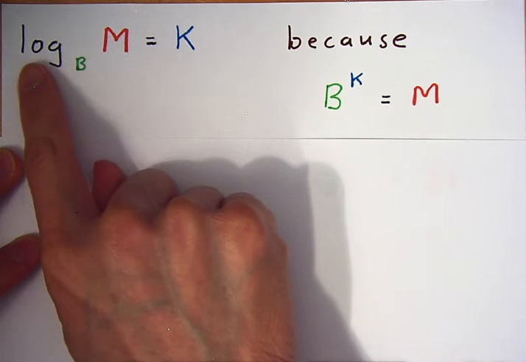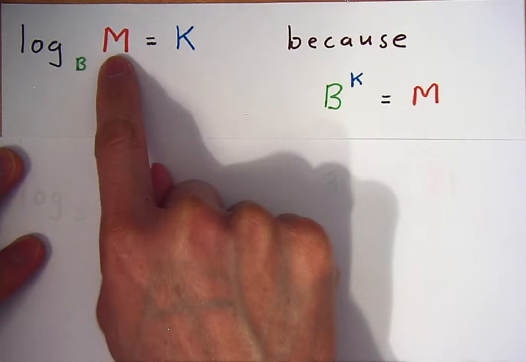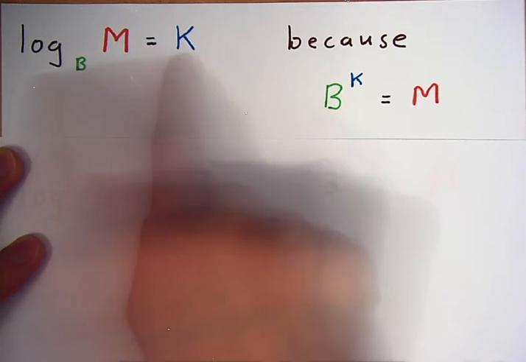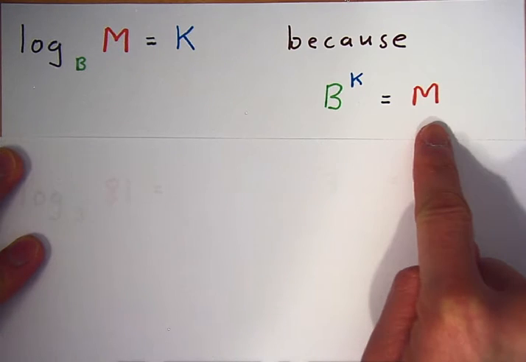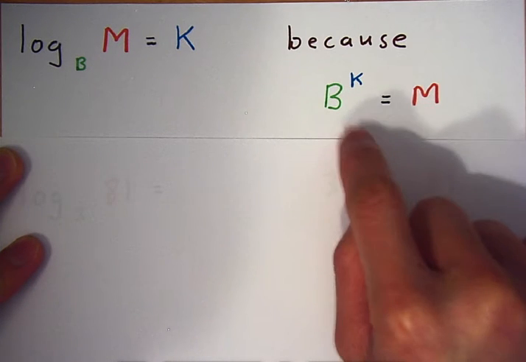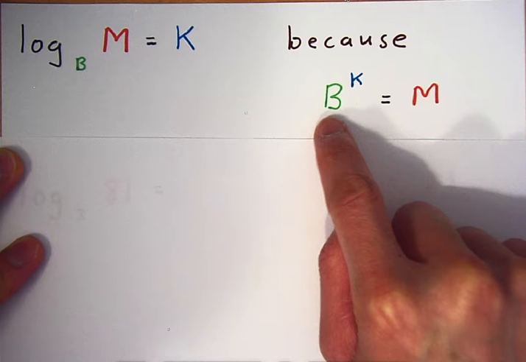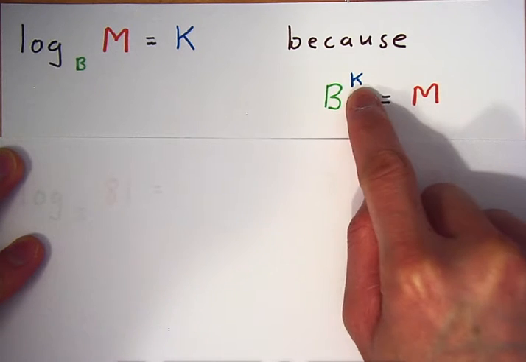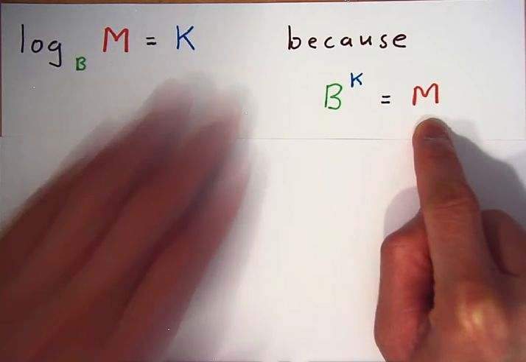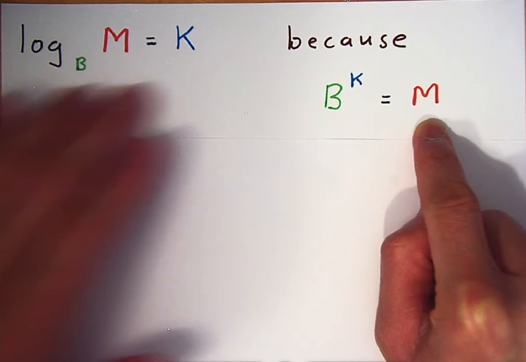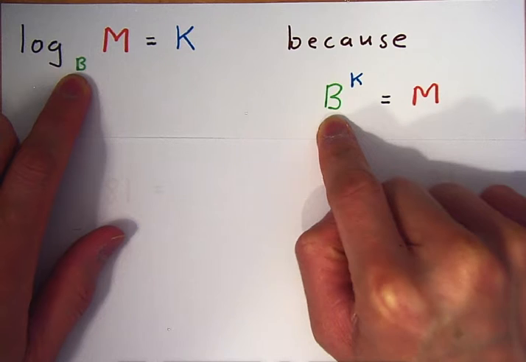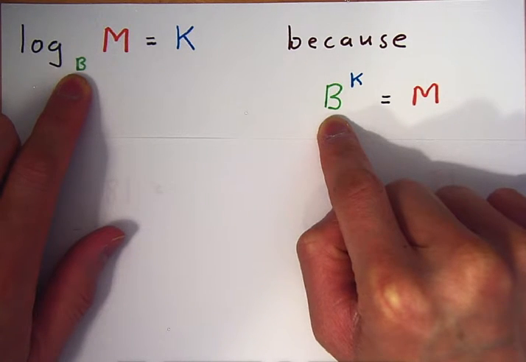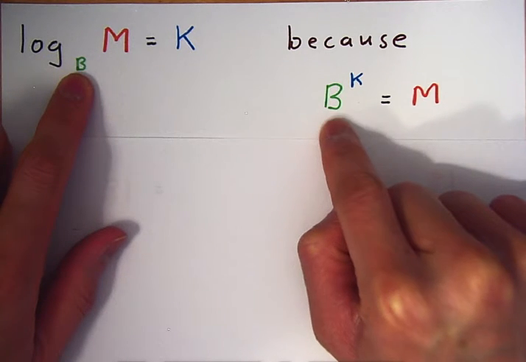So if you see log base B of M equal to K, this means the same as this. So having a base B exponent K equal to M, and this right here is the same thing. So this base B becomes the base for the exponential. So the base of the log becomes the base for the exponential.